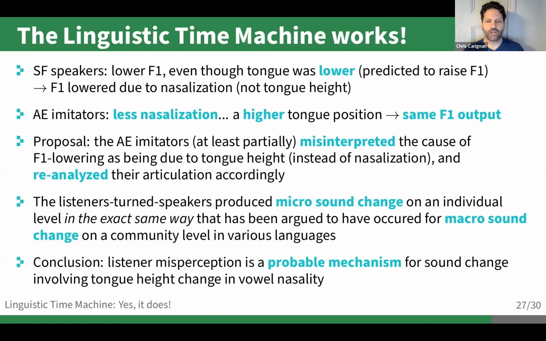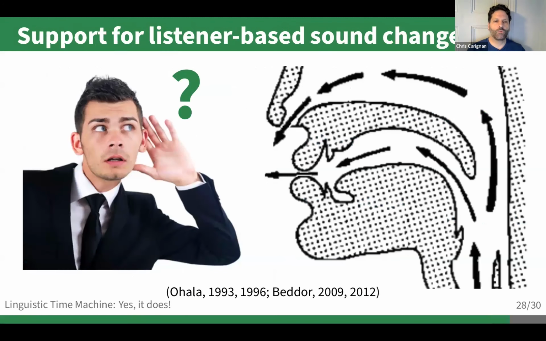So the conclusion here is that indeed, for some sound changes, at least for this relationship between tongue height and vowel nasalization, listener misperception is a very probable mechanism as a catalyst for sound change involving tongue height and nasality. So is this support for listener-based sound change? Yeah, I think it is. So the idea here is that we have nasal flow that has these acoustic effects.